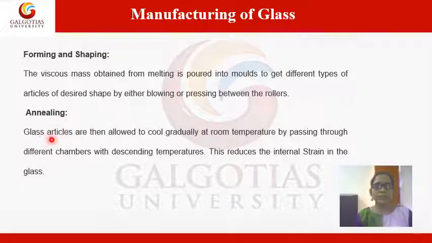These glass articles are allowed to cool gradually at room temperature by passing through different chambers with descending temperature. The aim of this process is to reduce the internal strain of the glass. During forming and shaping, different shaped glass is formed, and during annealing the internal strain produced during manufacturing is reduced.